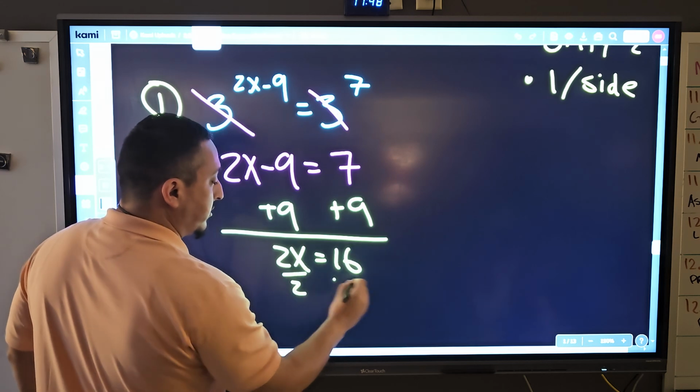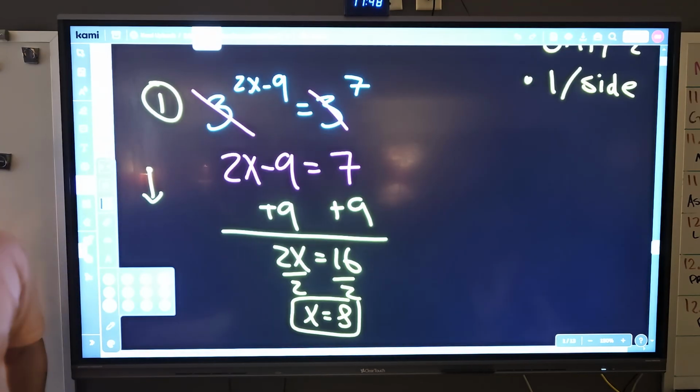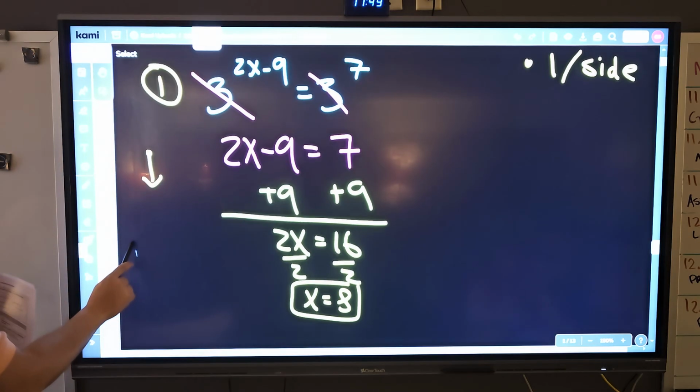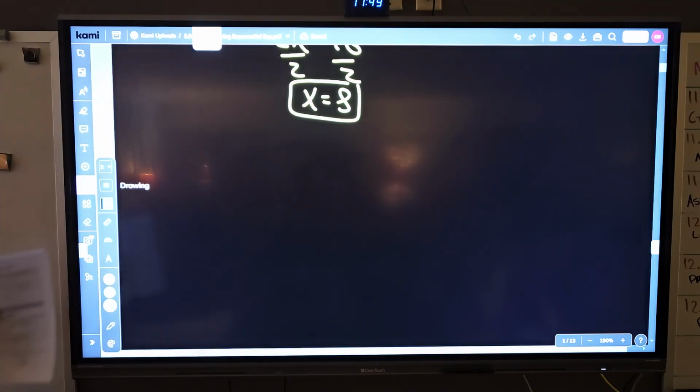Dividing both sides by 2, x equals 8. I just don't want to eat up our time with the Algebra 1, but if you need me to, I can solve. Does that make sense, guys, so far? Same base? Okay. Now let me show you what happens if it looks like this. Okay, here we go.